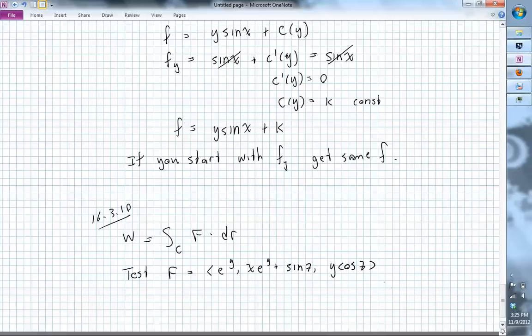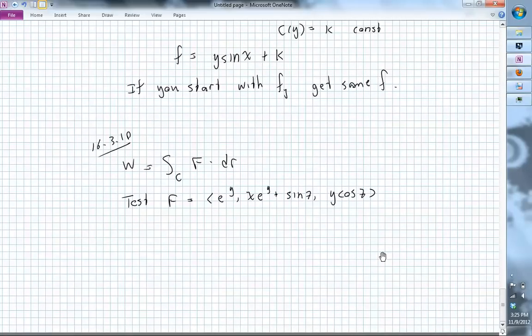All right, let me remind you what the test for conservativeness was in 3 dimensions. It was Py equals Qx, it was Pz equals Rx, and it was Qz equals Ry. All 3 of those have to hold. So let's start computing. Py is what?